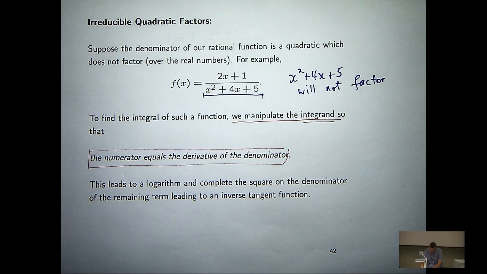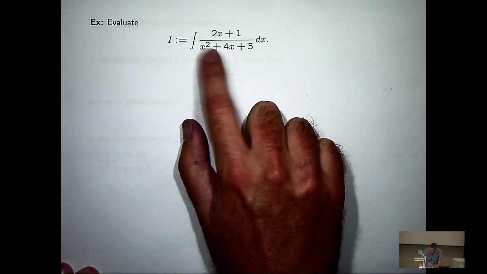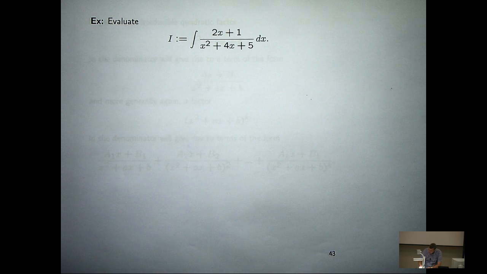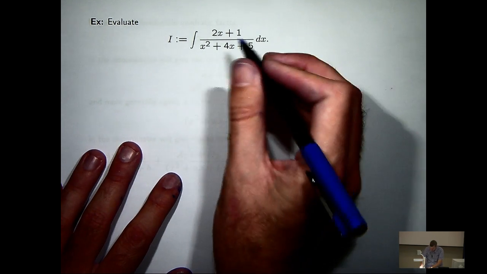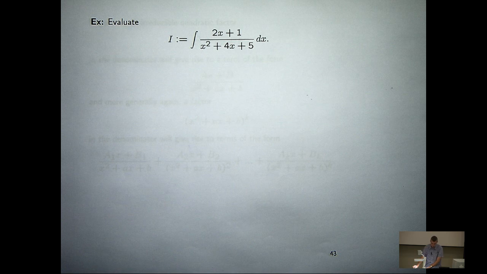So how does it work? Well, let's have a look. If you try to factor the denominator, you can't, at least over the reals. So what we are going to do is try to make the numerator into the derivative of what's on the bottom. If I look at the bottom, what's the derivative of x squared plus 4x plus 5? 2x plus 4.